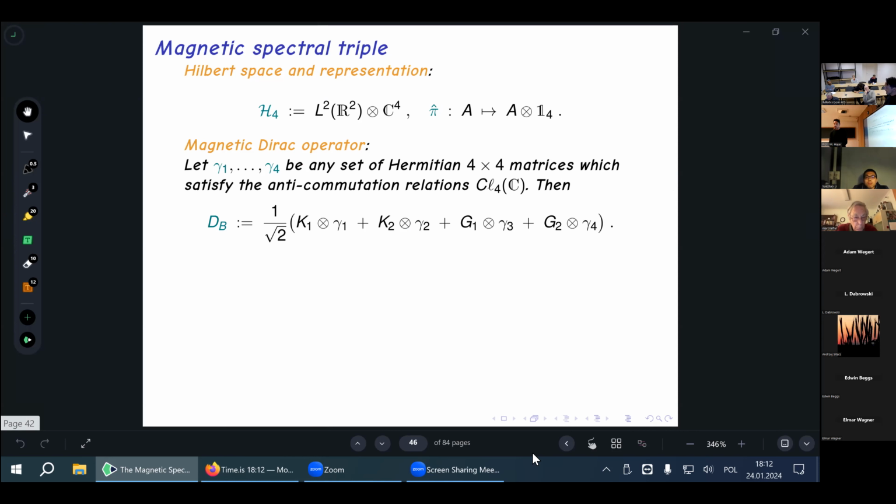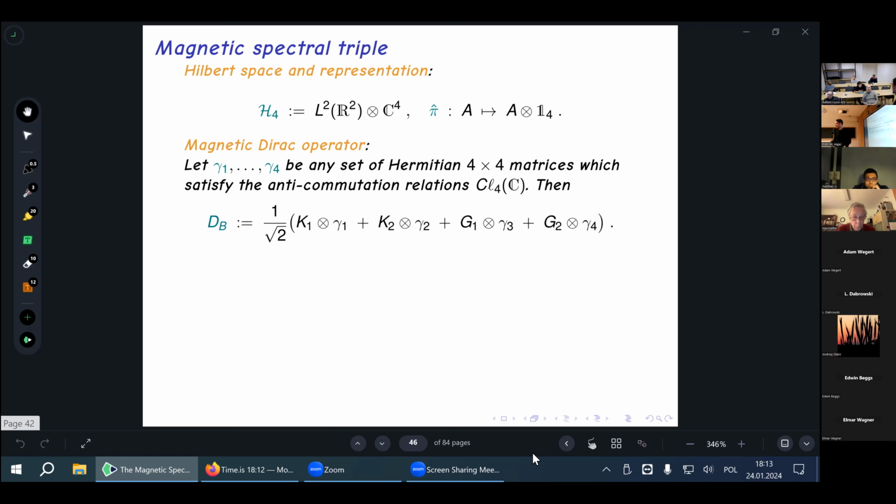And to have a good Dirac operator, I need four 4x4 matrices which realize some Clifford type algebra. It's not necessary to specify which are omega 1, omega 2, omega 3, omega 4. I just need that they realize the anti-commutation relations of CL4.